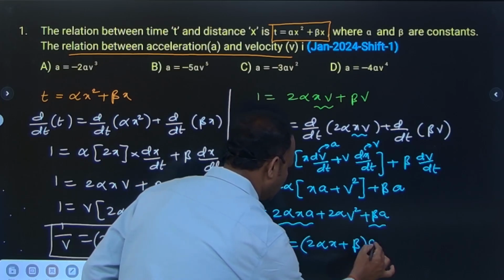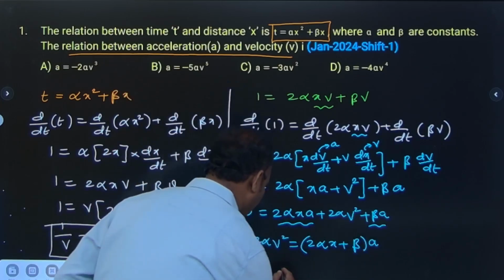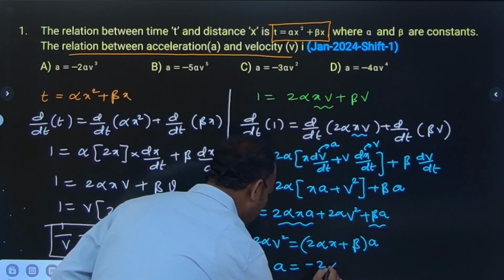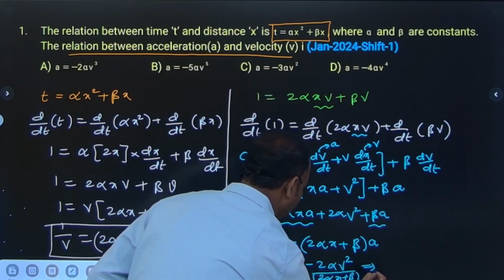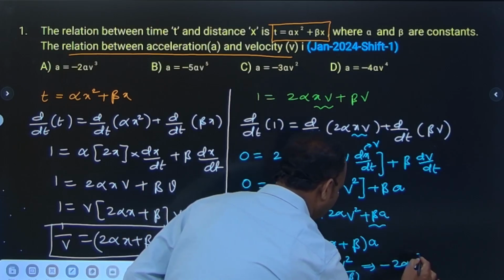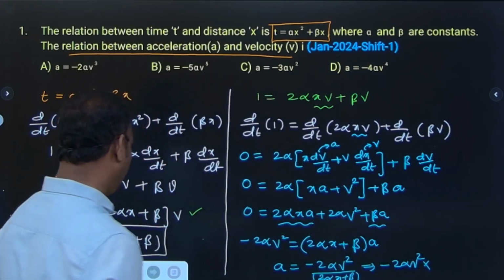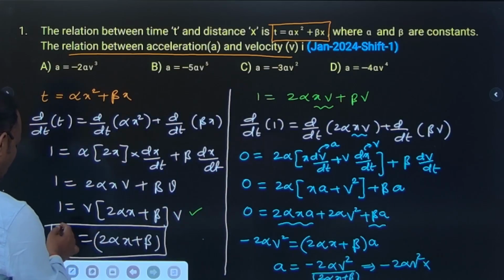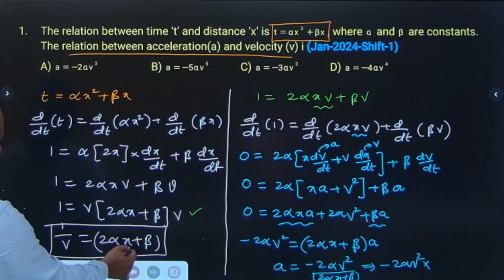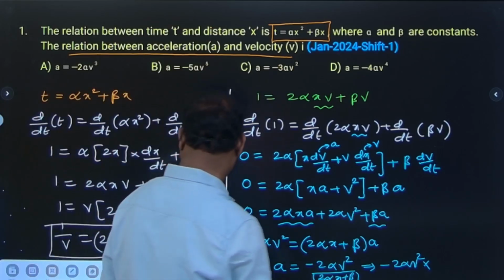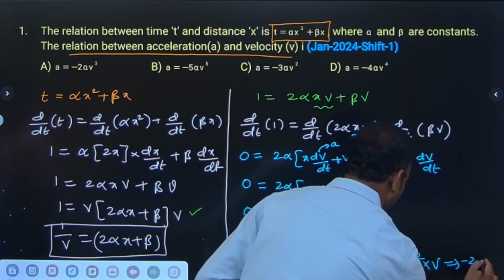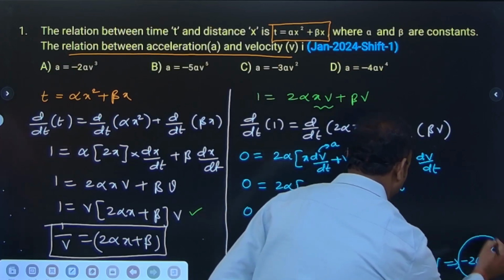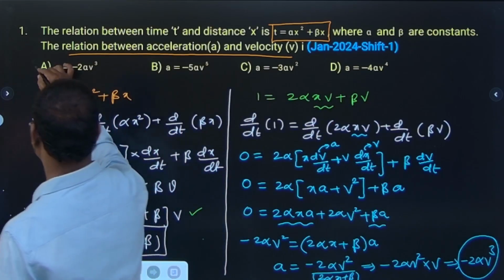Since 1 by v is equal to 2 alpha x plus beta, it will become minus 2 alpha v cube. So the answer is option A.